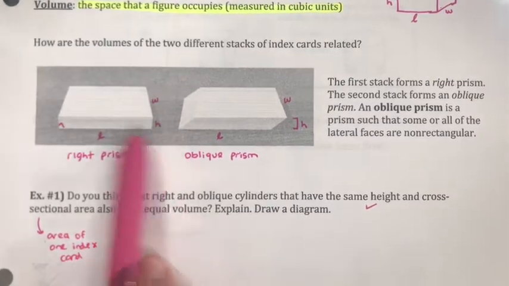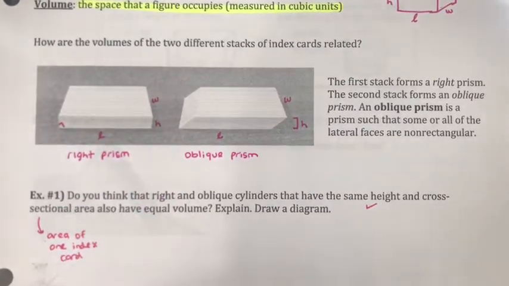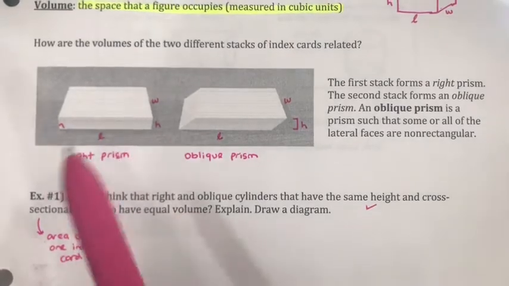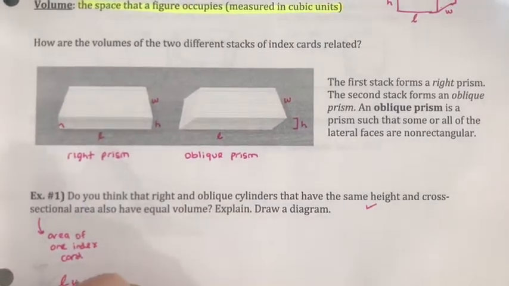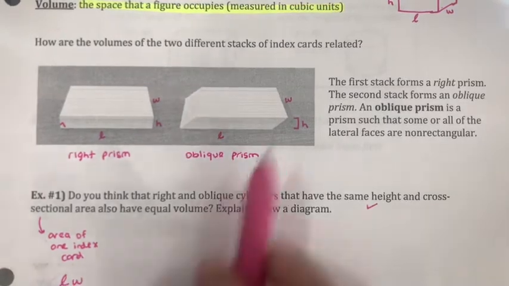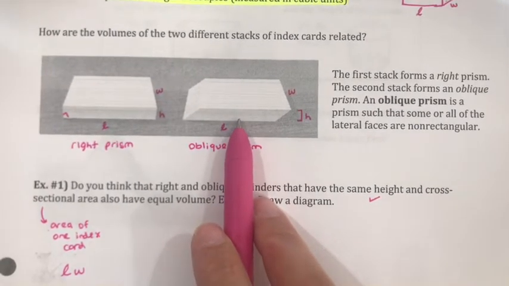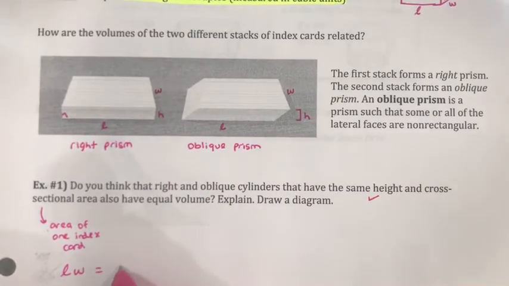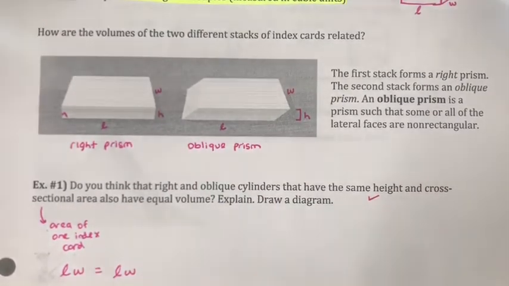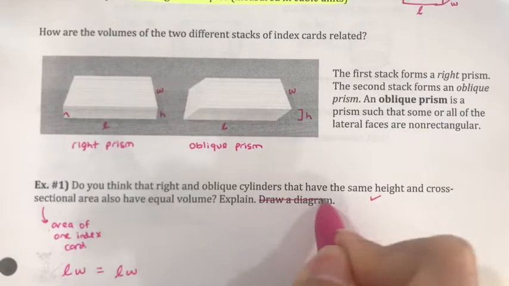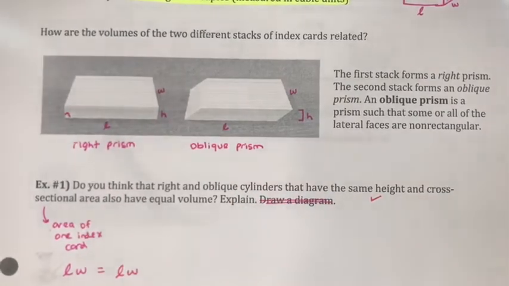Basically, if you were to cut through, what would be the area, which in this case would be length times width. Now, the cross-sectional area for this stack is also the same, length times width. So we don't need to draw a diagram because we actually have our diagram up here.